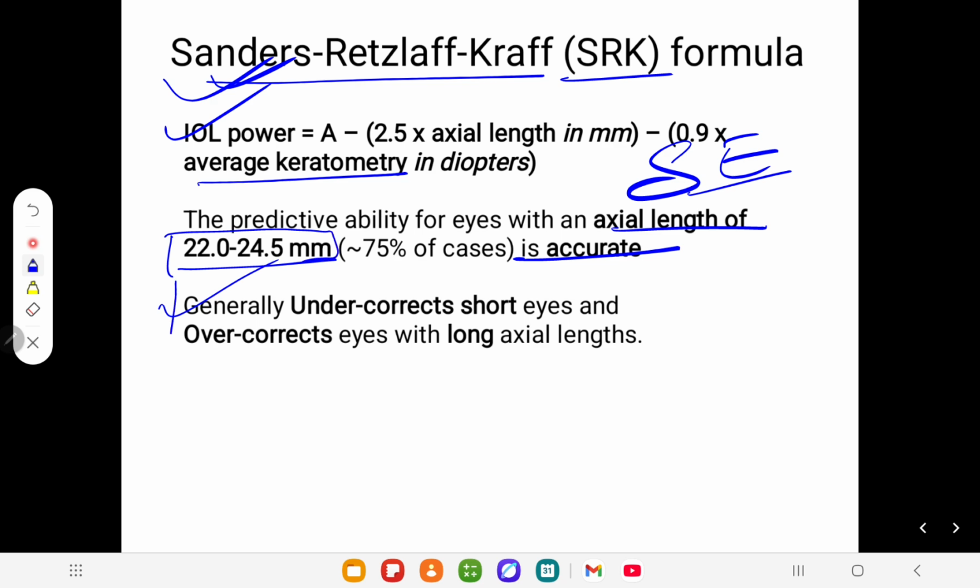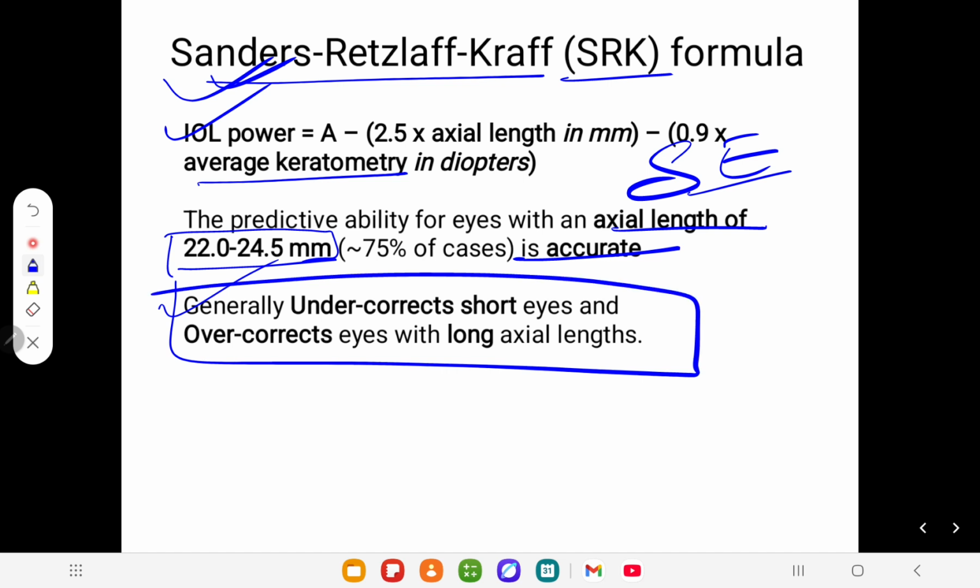Undercorrecting shorter eyes means that after cataract surgery, the patient will be hyperopic. Overcorrecting long eyes means that after surgery, the patient will be myopic. So that's why the SRK formula is better for patients with 22 to 24.5 axial length.